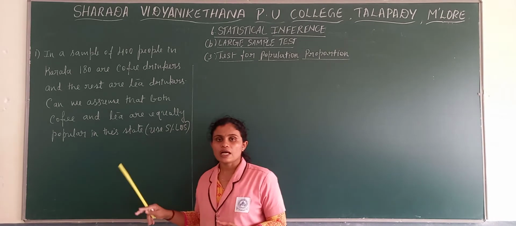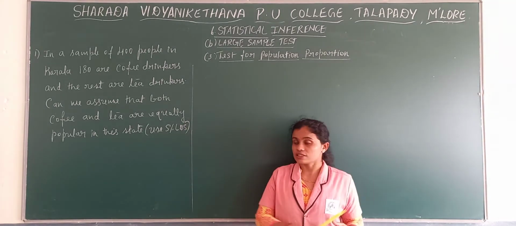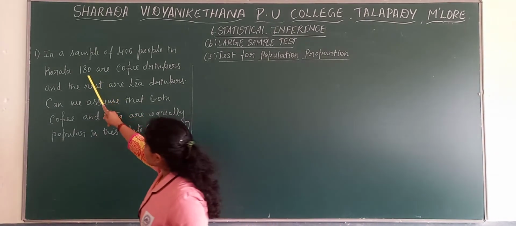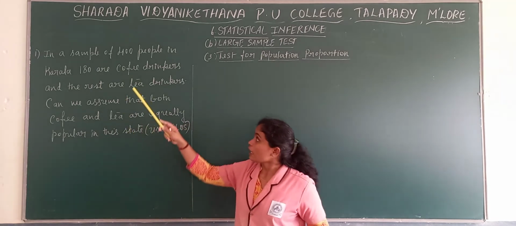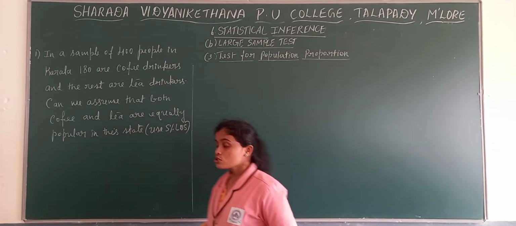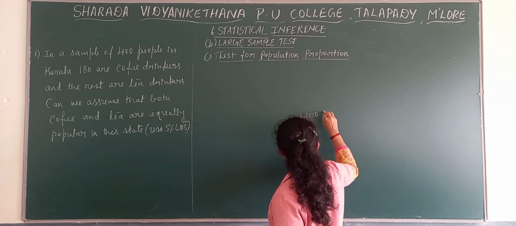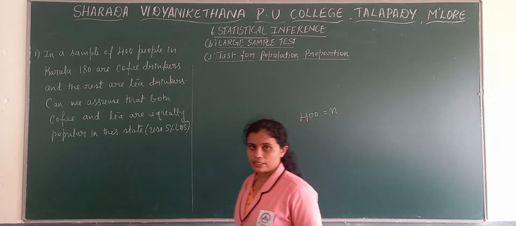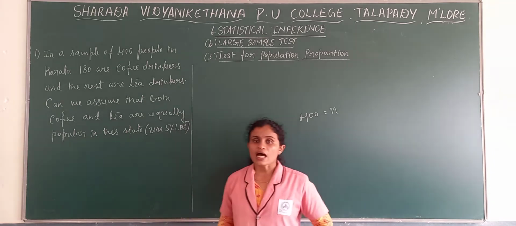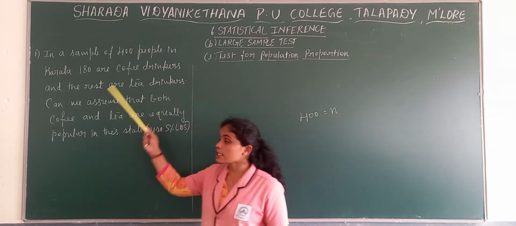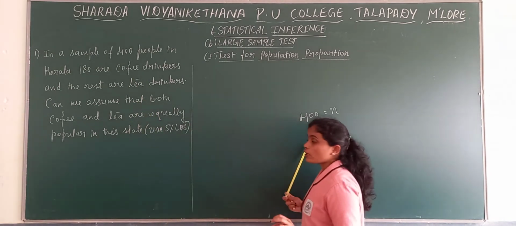How many people are doing this? 180 are coffee drinkers out of 400. So we can easily make out that 400 is the sample size, that is n. From a large population, they have selected a sample of 400.